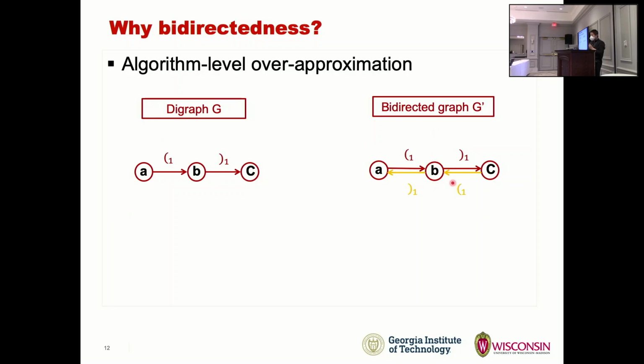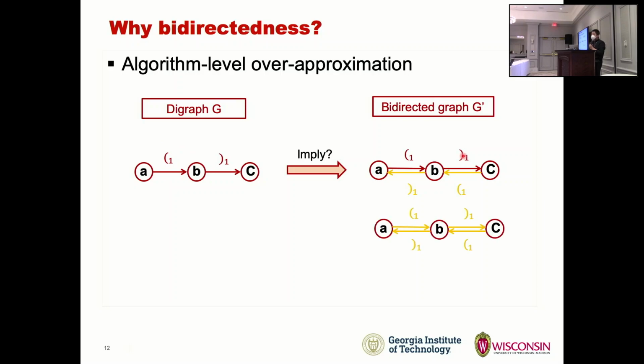So the question is: if two nodes are reachable in the directed graph G, will they be reachable in G prime? The answer is yes, because G prime preserves all the edges in G. So if they are originally reachable, they should be reachable in G prime as well.